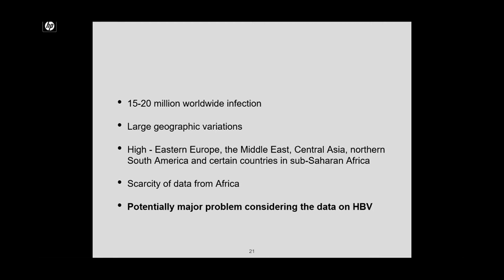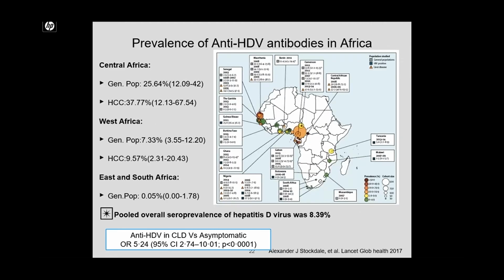So in total, around 15 to 20 million people have been thought to be infected by hepatitis delta. We have seen Eastern Europe, the Middle East, Central Asia, northern parts of South America, and I'll supplement the data on Sub-Saharan Africa in our next topics.